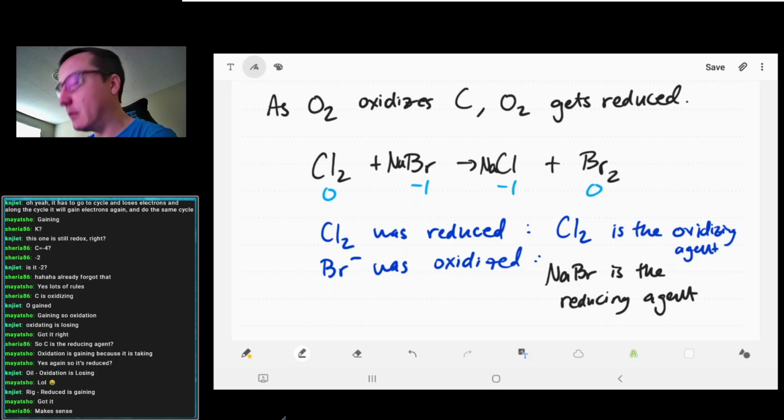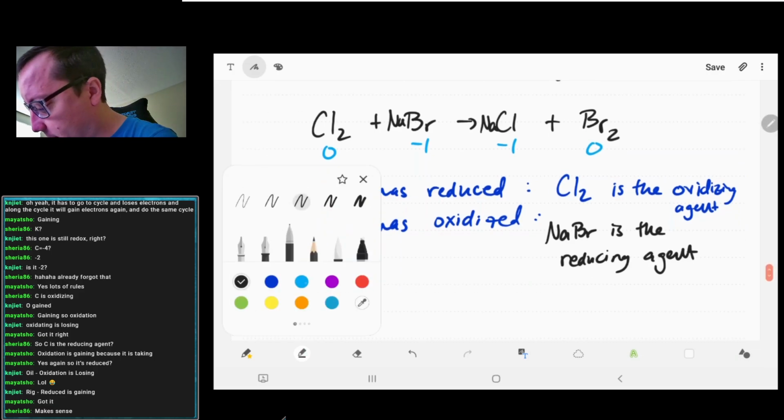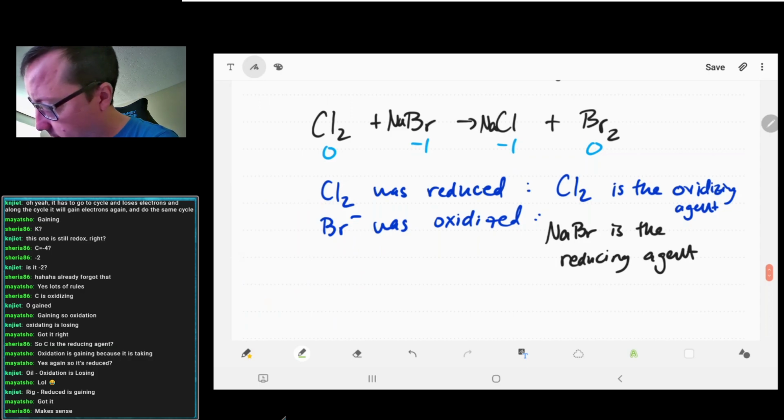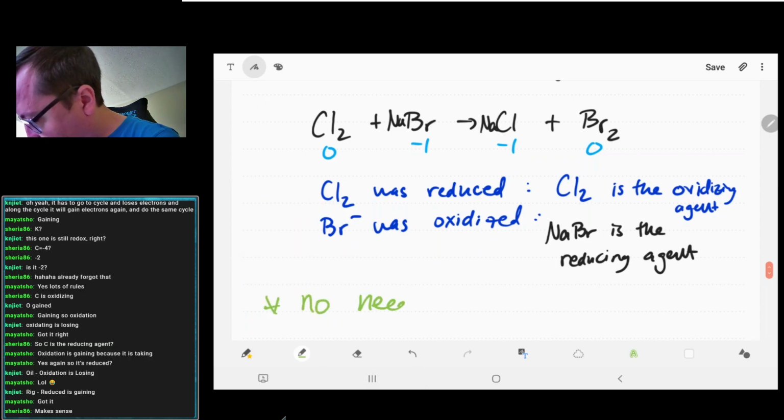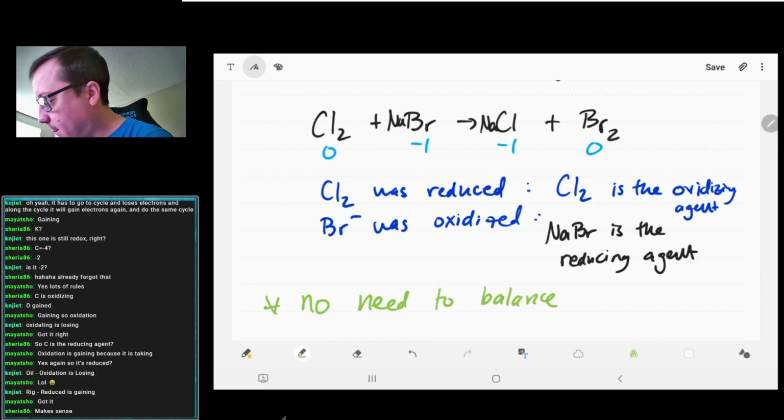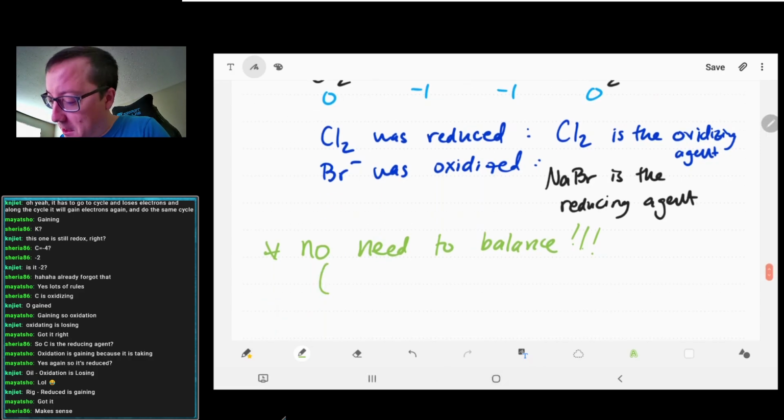Notice also something very exciting for us. We don't need to balance anything in our reaction if we're doing the oxidation numbers.